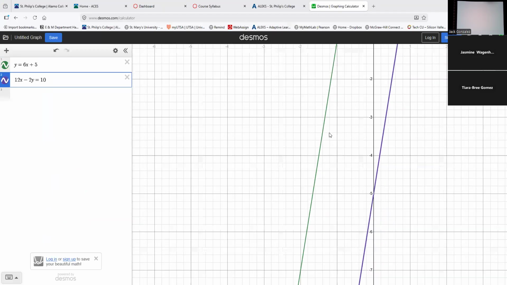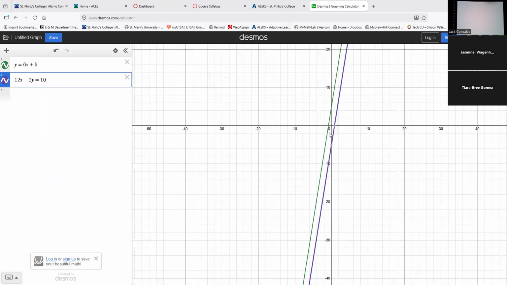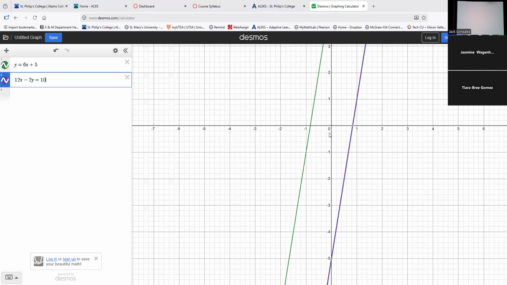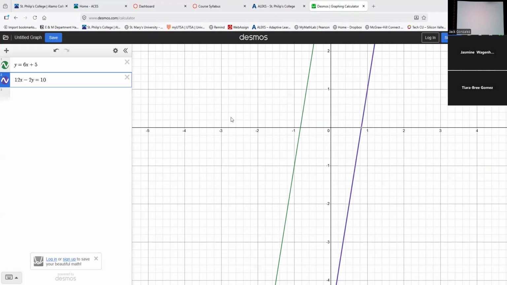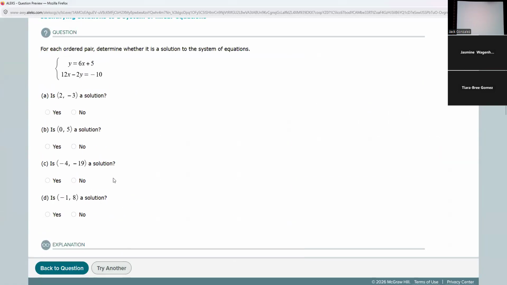So these two are a system. It looks like they are parallel. So since they're parallel, they will never intersect anywhere. So this is no solution. So in your homework, for this particular problem, since they never intersected, they all have to be no, right?